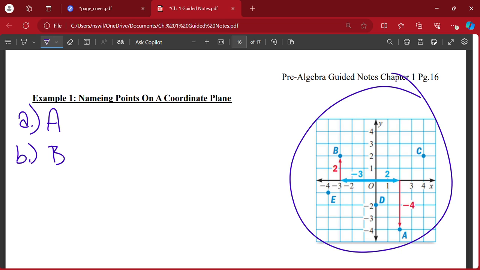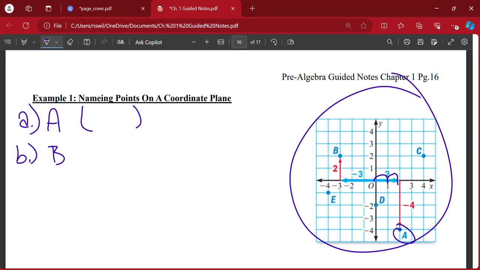Okay? So point A is here. In order to get to that point, we have to go this way, and then down this way. And that's how we represent it in an ordered pair. So in order to get to point A, we have to go right 2.